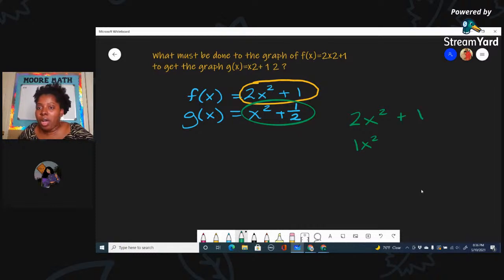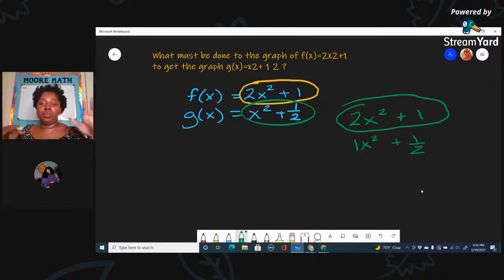To go from 1 to 1/2, you did something to this. What do you think we did to this? To get rid of that 2 and get 1, and to get rid of this 1 and get a half. You went down. Okay, but what else? How did I go down?